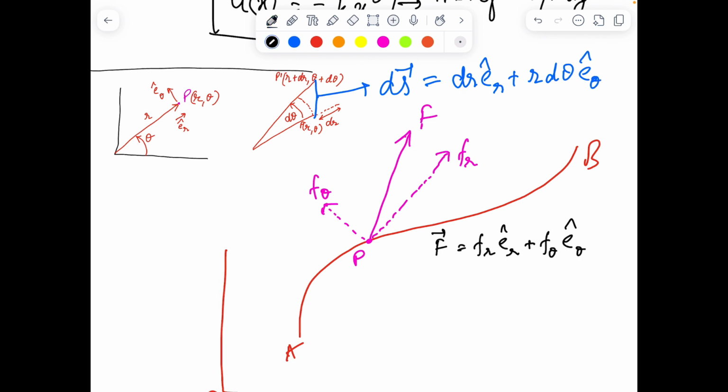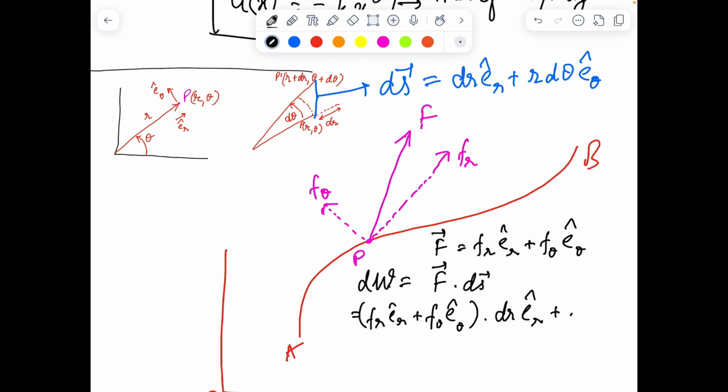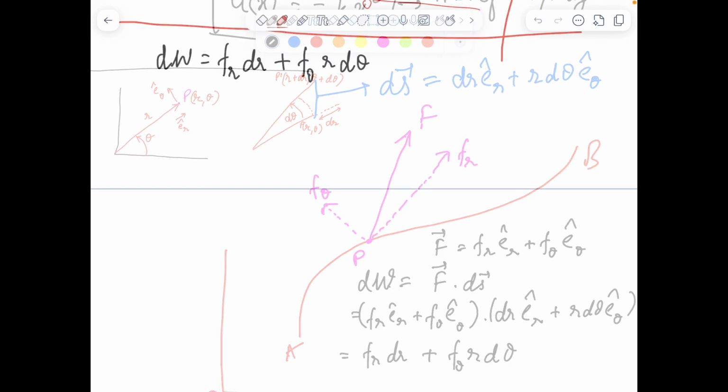Okay, so in order to calculate the work done dW as the point moves from P to P dash by an infinitesimal distance, we have dW is equal to F vector dot ds vector, that would be F_r e_r cap plus F_theta e_theta cap dot dr e_r cap plus r d theta e_theta cap. That would of course be F_r dr plus F_theta r d theta.